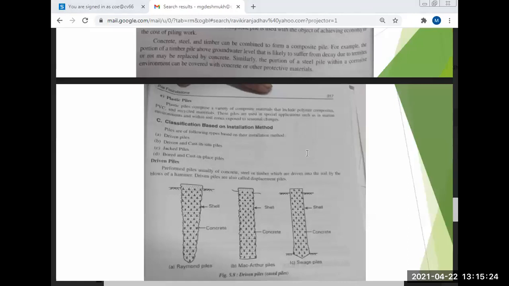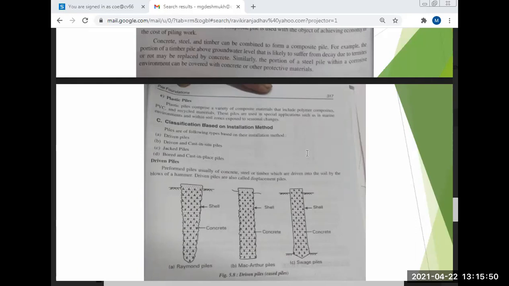Now the next classification is piles classified based on how you are going to install them. If you are driving the piles, these are called driven piles.